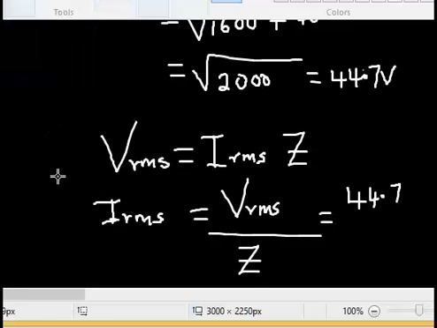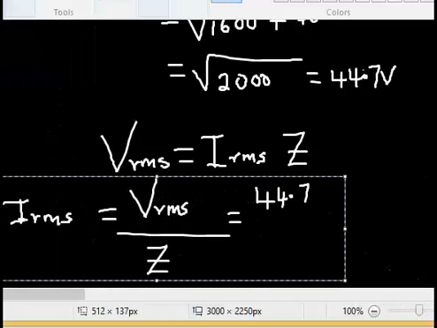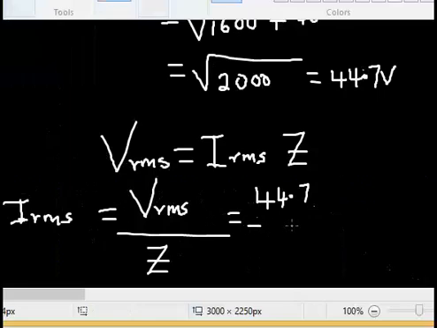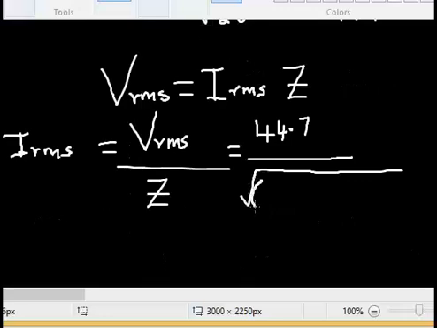And of course, you know how we do the impedance. You know what the impedance will be? The square root of (XL minus XC) all squared plus R squared.